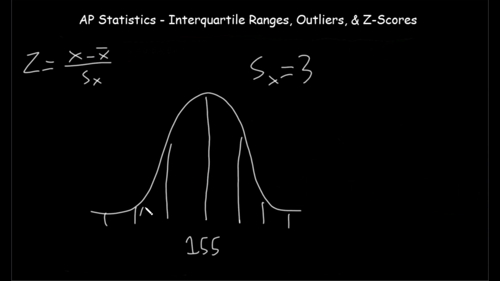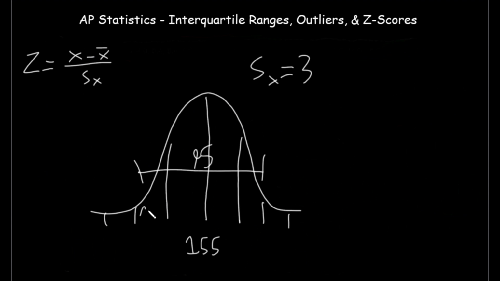Whereas these two are about 13.5 here, 13.5 here. So from here to here, it's about 95%.